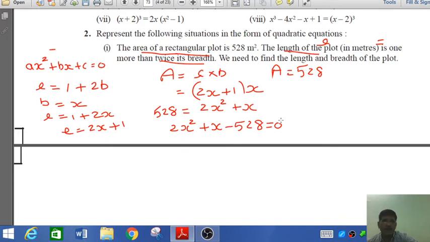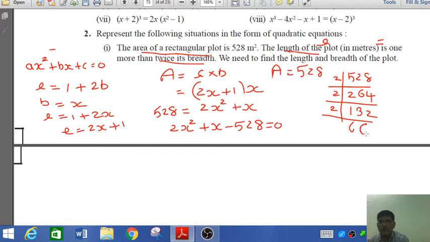Now make a factor of it. 528 we have to convert into primes: 2, 4, 132, 2, again 2, again 2, 3, 11, and already 2 is here.